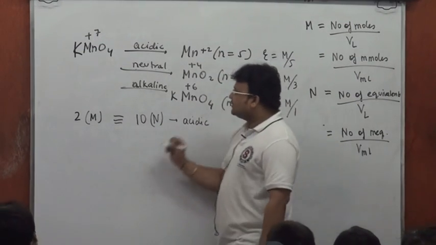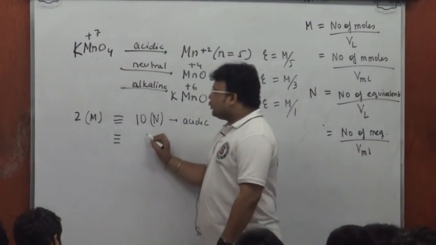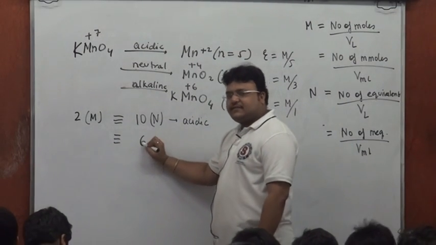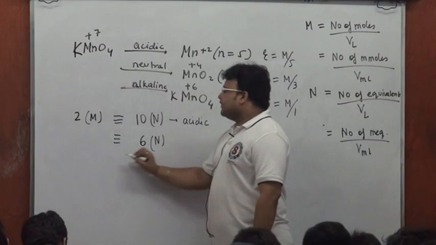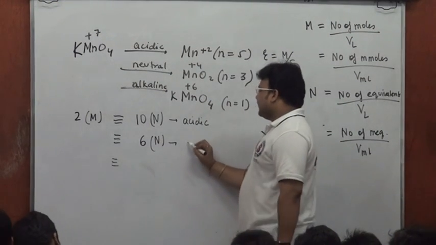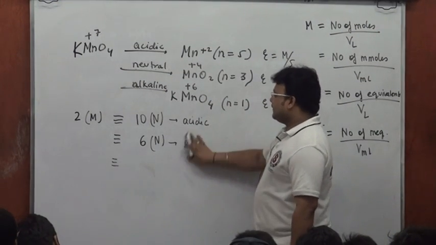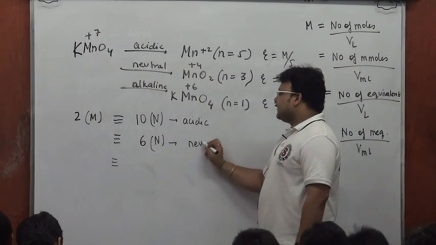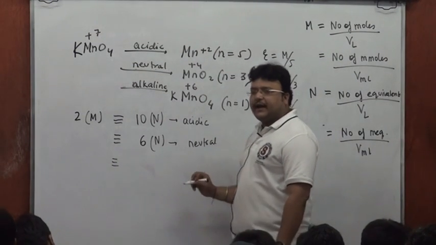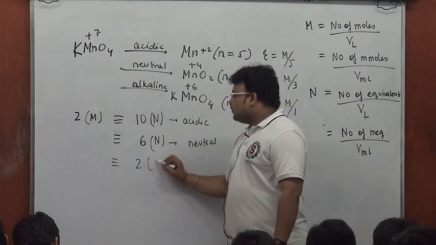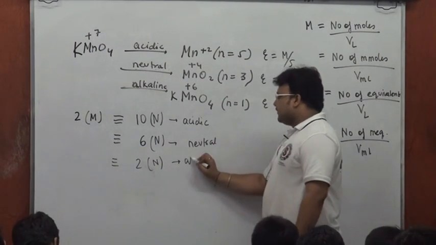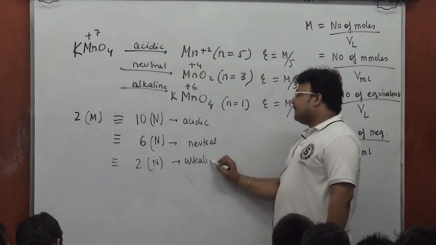If the medium is neutral, a 2 molar solution would be 6 normal. If the medium is alkaline, then 2 molar will remain 2 normal. Yes or no?